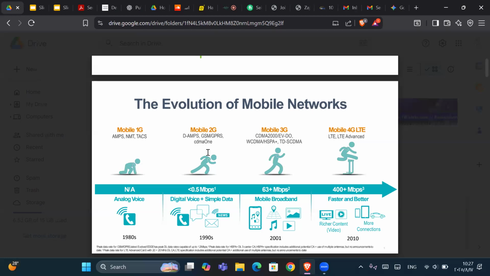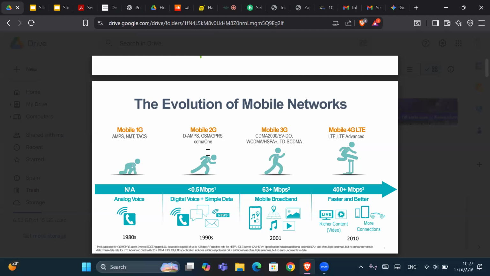And the names of this technology went to the market under CDMA2000, EV-DO, WCDMA, HSPA Plus, TD-SCDMA. So these are different marketing names for the same technology, but they were used in different countries. And one point to mention here, this is the technology that we currently use in our phones, 3G, for connecting to the internet. And after that, in 2010, we had the mobile 4G LTE, and LTE Advanced.